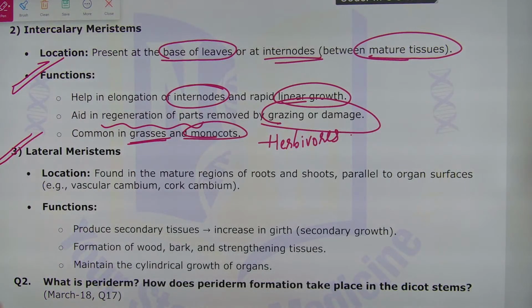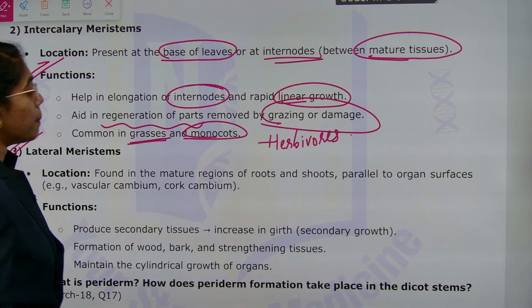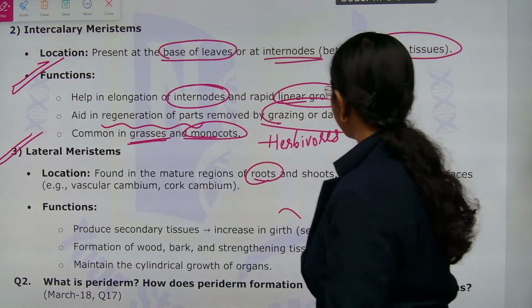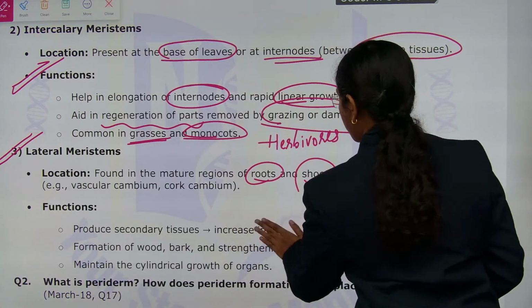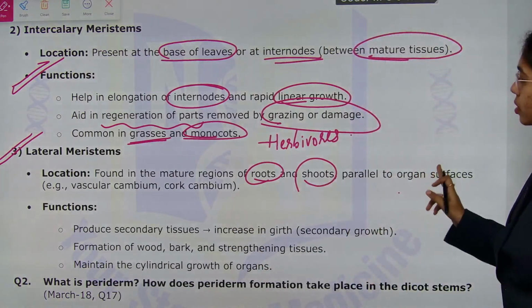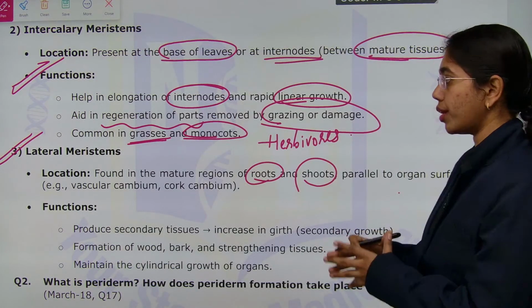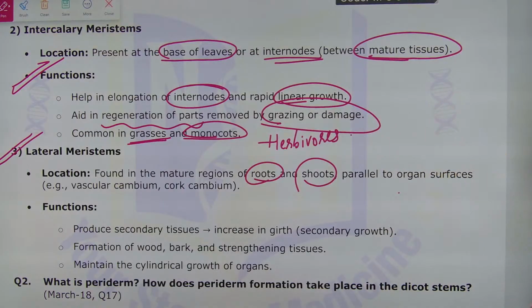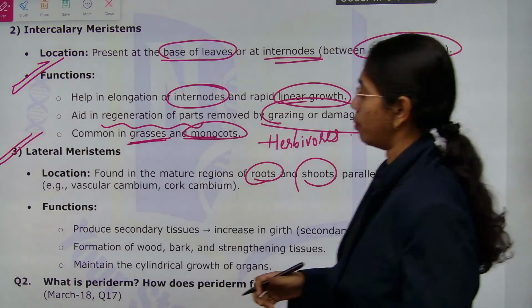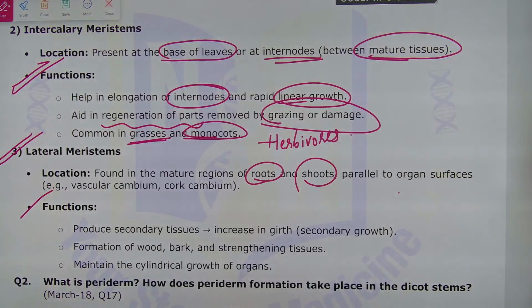Now the lateral meristems. Their location: they are found in mature regions of root and shoots, and they are parallel to organ surfaces, for example vascular cambium and cork cambium. What are the functions of lateral meristems?